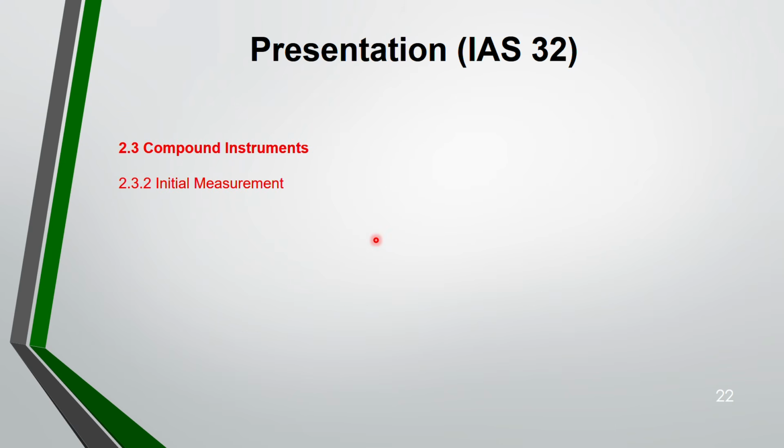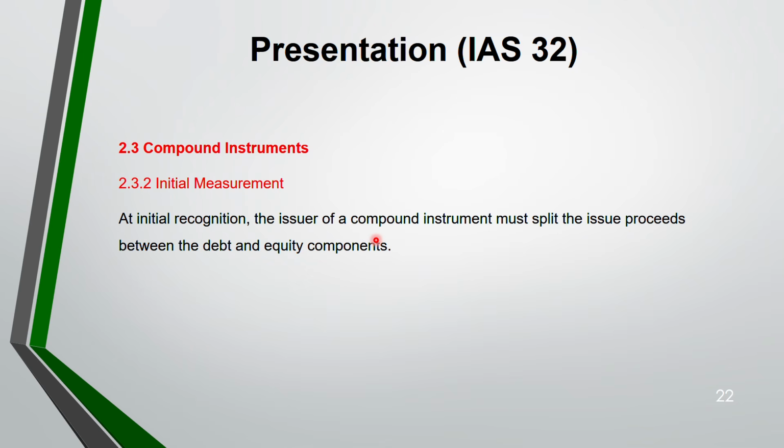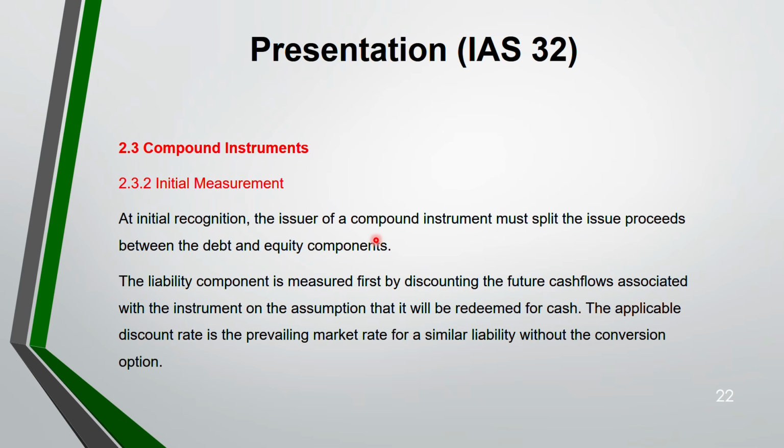So how do you initially measure a compound instrument? First, you will measure the liability component. First, you will be given the discounting factor. Using that discounting factor, you will find out the liability component, where you will discount the future cash outflow, on the assumption that it will be redeemed for cash.